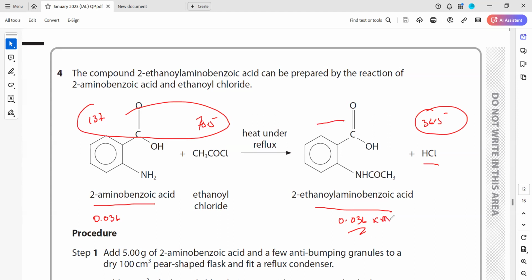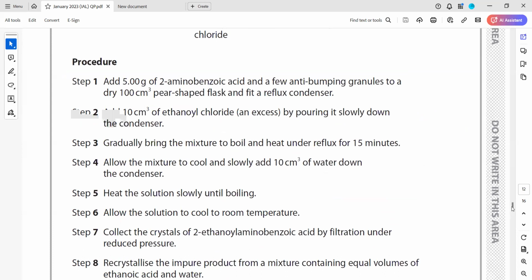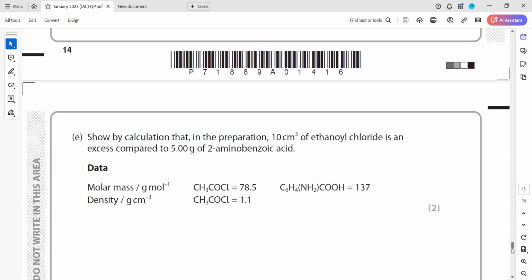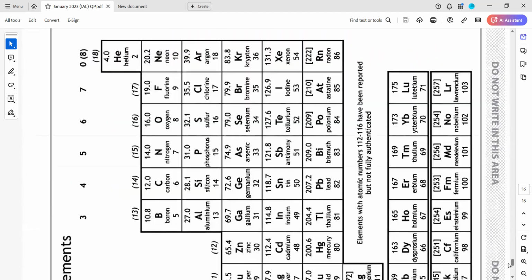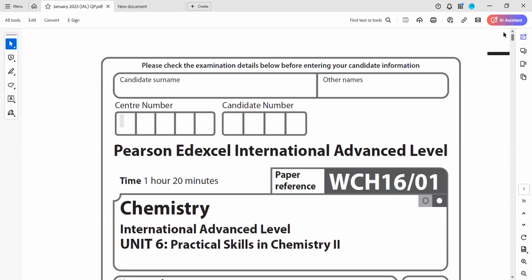So we multiply by the molar mass of this compound, we get the mass in gram, and then simply use the percentage yield as the practical value divided by the theoretical value, multiplied by 100. Percentage yield is given, theoretical value is there, so you can work out the practical value. So this was the last part of the question.